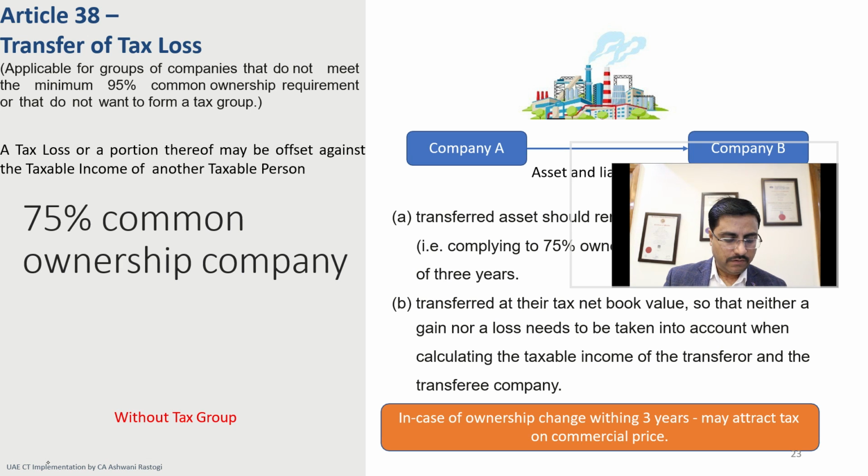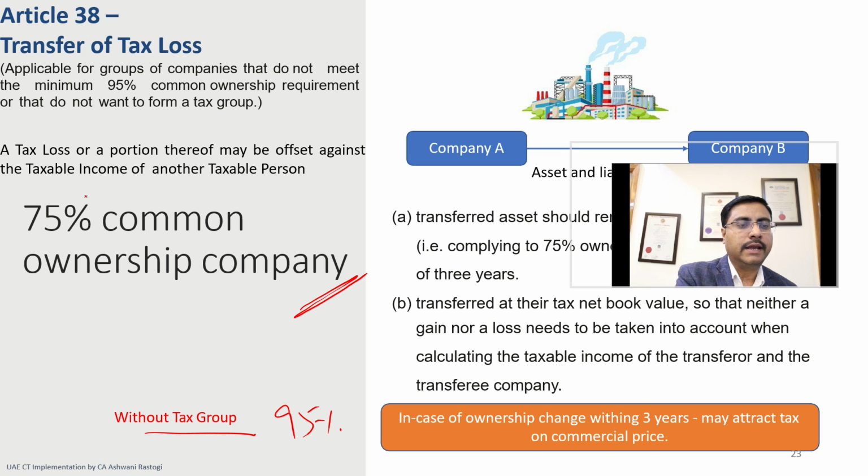Transfer of losses: you can transfer your losses from one subsidiary to another subsidiary, or from a subsidiary to the parent entity, or parent to subsidiary. This 75% ownership criteria is there. So for a tax group the requirement is 95%, but here, in case of 75% common holding, you can transfer your losses to another profit-making entity.